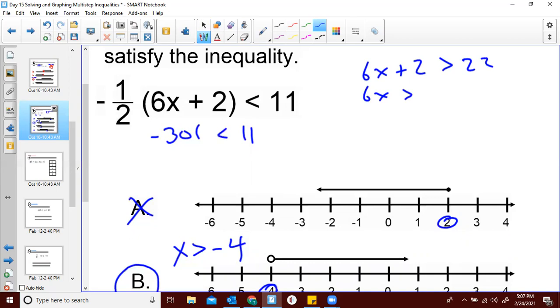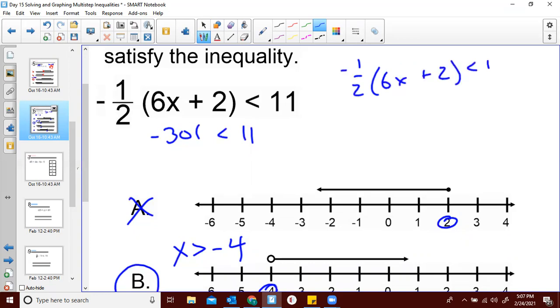Minus 2 would be 26 divided by 20. What am I doing? Well, now I feel like I really have to work this one out.